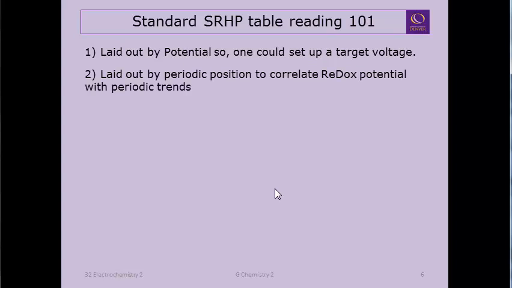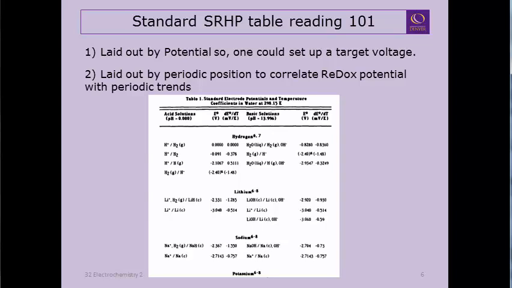But you can imagine there's another application where maybe you want to know periodic position. So for example, I want to look at two elements that are above each other on the table and figure out which is a better reductant or which is a better oxidant. Well, there are tables like this one which are laid out by their position on the periodic table.